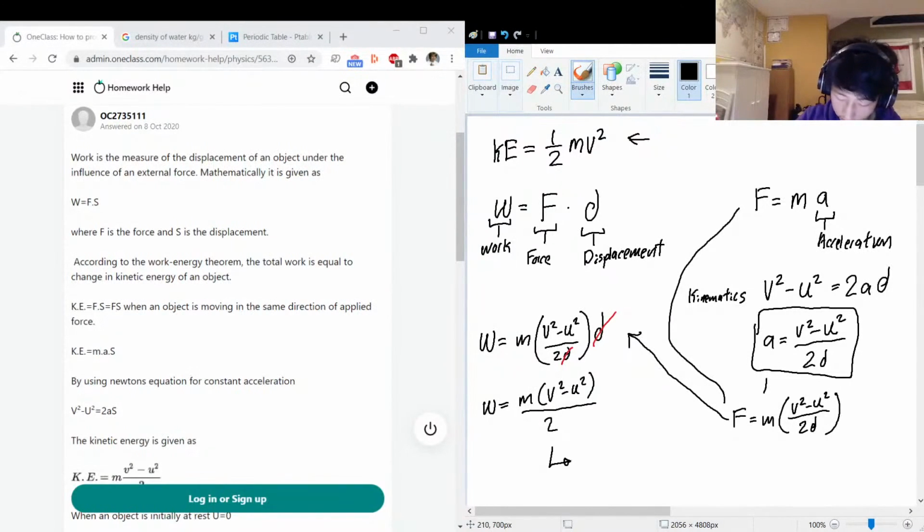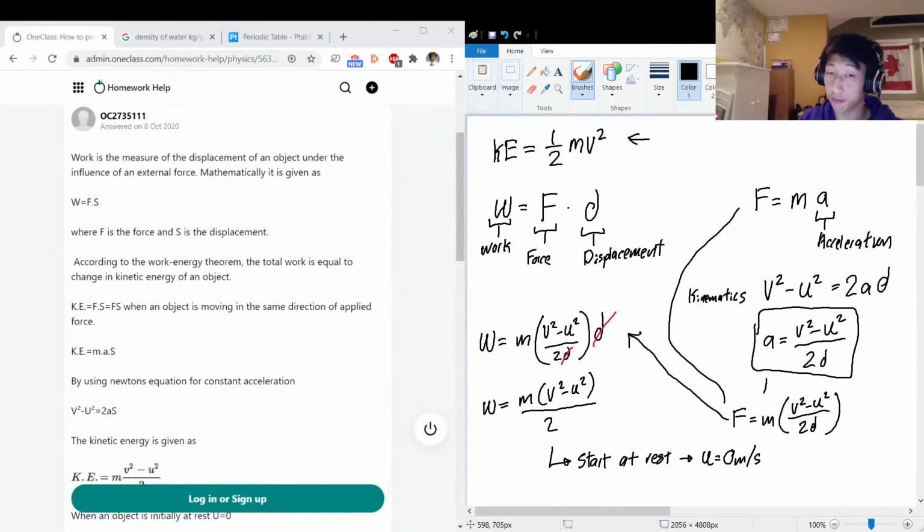So start at rest, and it will be U equals 0 meters per second, and then we apply some work to it.